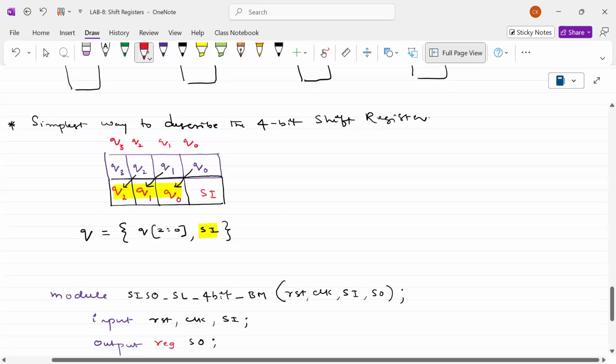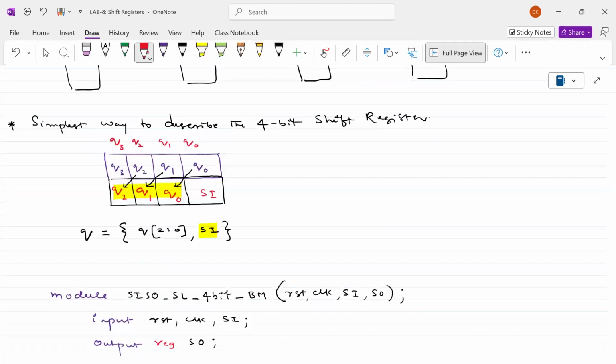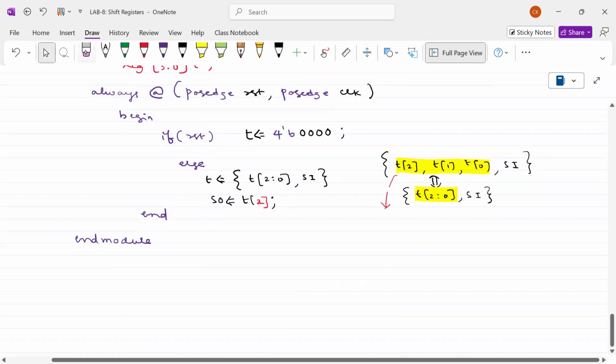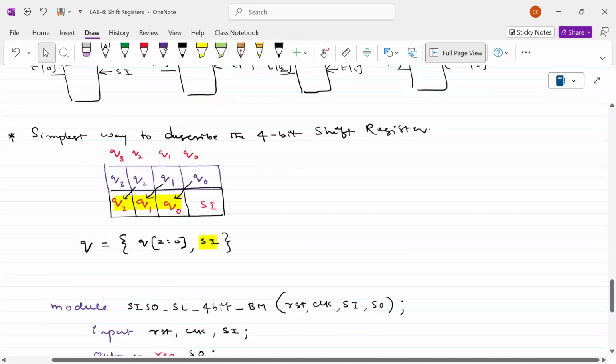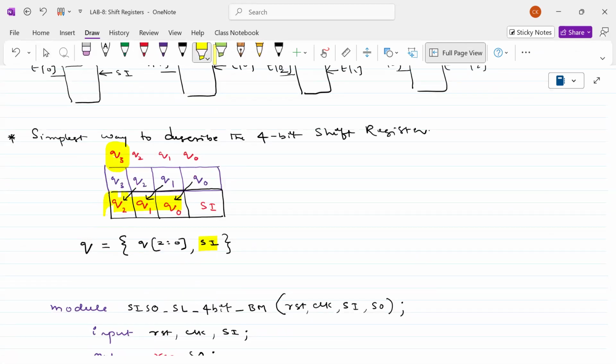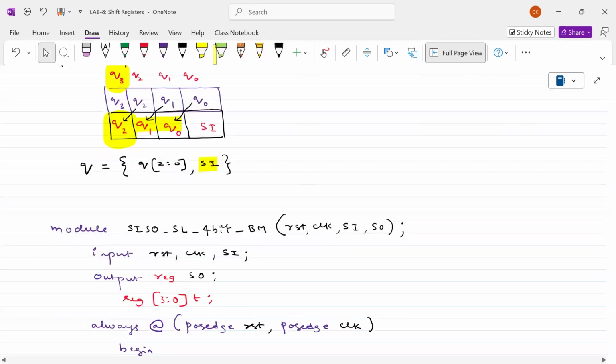Q3 is actually the information. What is the Q3 information? What is there in the Q3? Q3 is in the Q2, right? We can take in the Q2, because this is the flip-flop position. In this flip-flop position, Qt information is there. That Qt information we have taken. Right. Good.